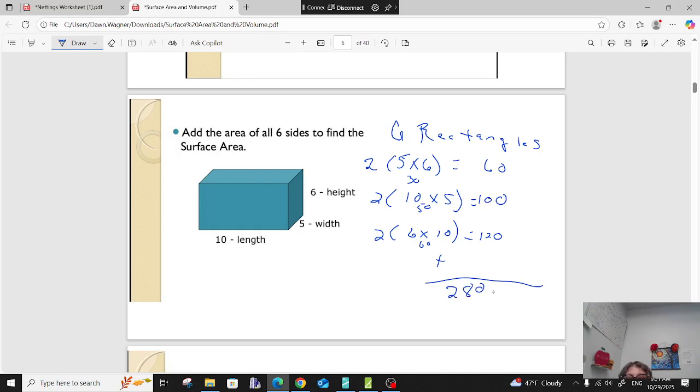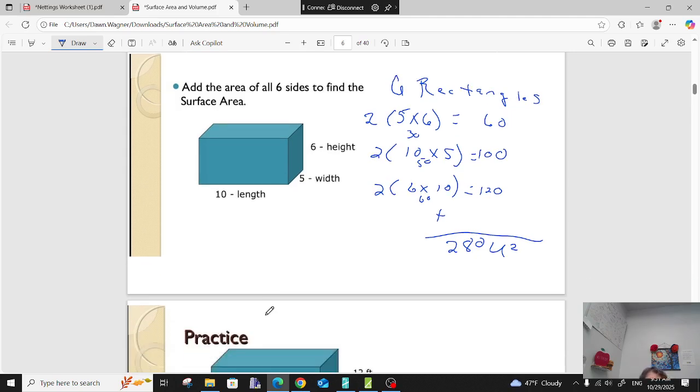I don't have a unit. Now this is volume. No, this is surface area still. Sorry. Unit squared. Surface area is still squared units. When we get to volume, we change that to cubic. Let me fix that. So it's units squared. There you go. Because I don't have the unit, but if it said inches, then it'd be inches squared. If it said meters, meter squared.